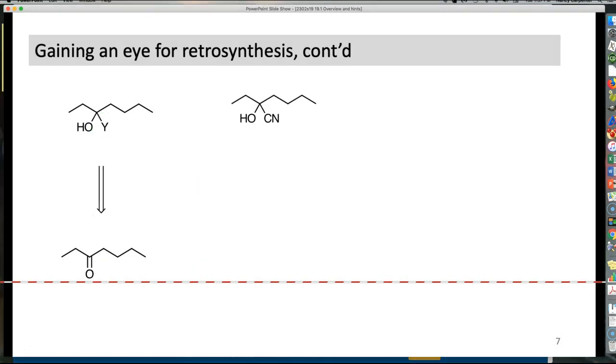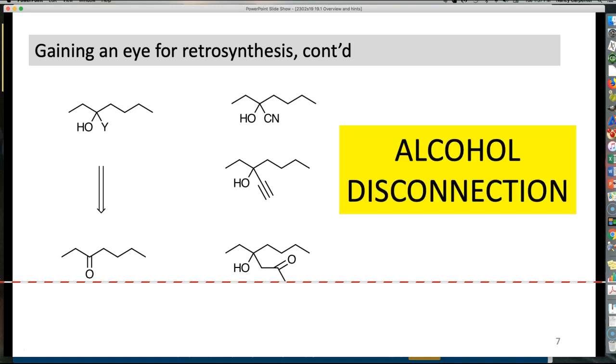That can happen readily. You can add CN minus, you can add the acetylide, you can add enolates. They're all what we like to call the alcohol disconnection. And whenever we see an alcohol from now on, we're going to be thinking, maybe I could make that alcohol from a carbonyl.